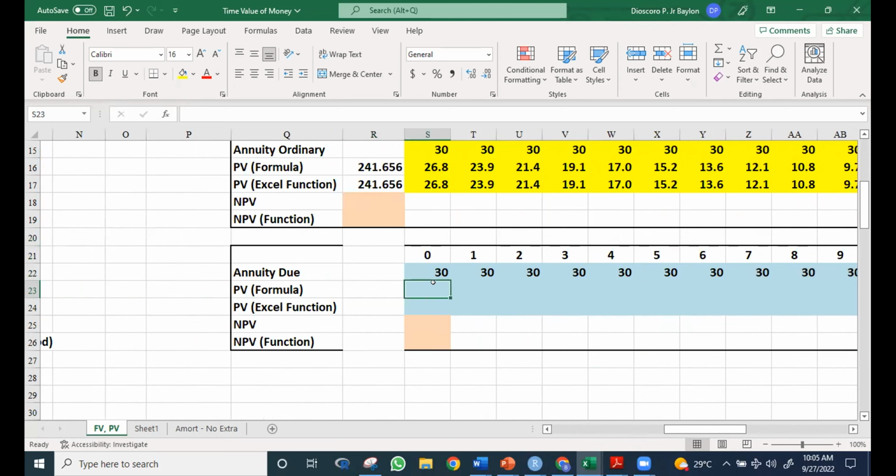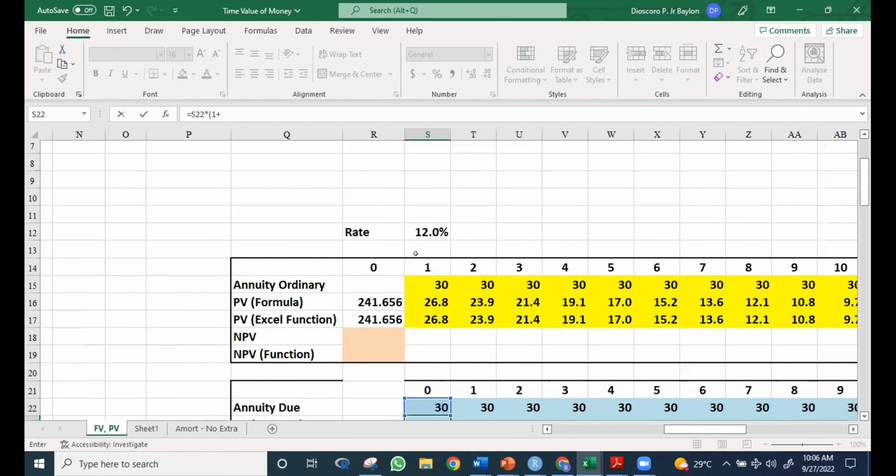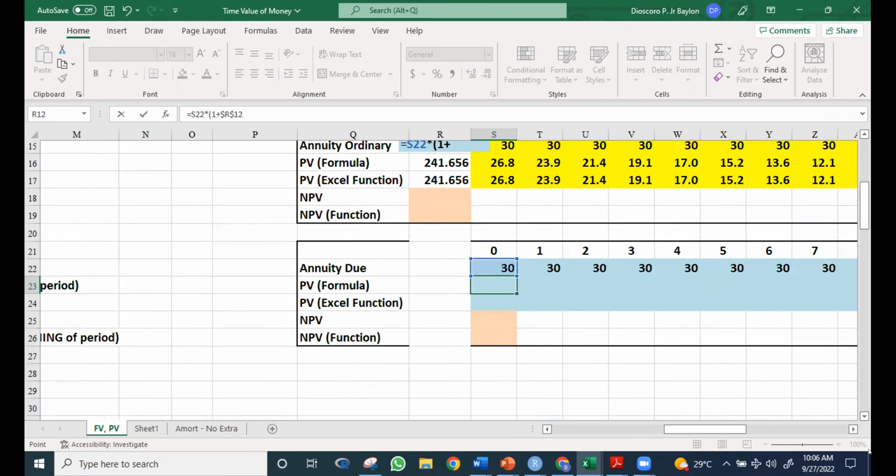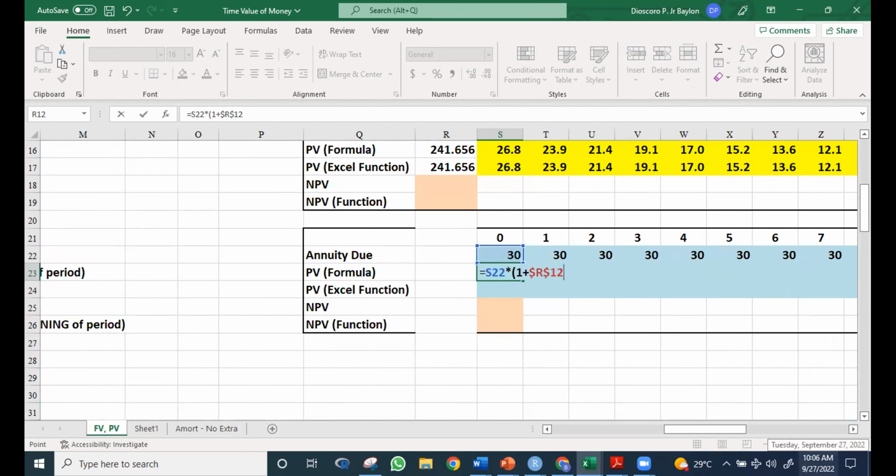So to compute for the present value of 30 using the formula, it's equal to the future value times 1 plus the rate at 12%. We're going to fix this. Caret the negative t.